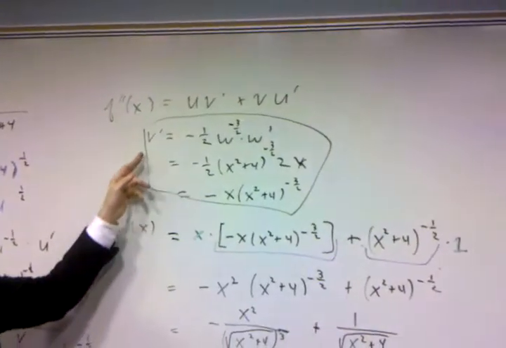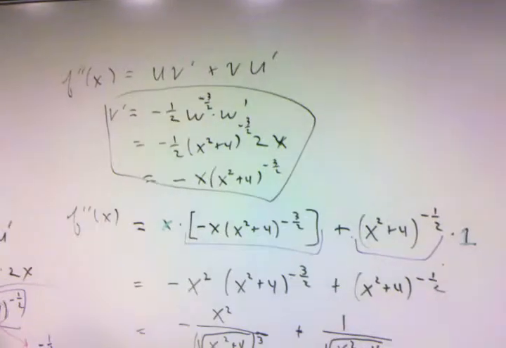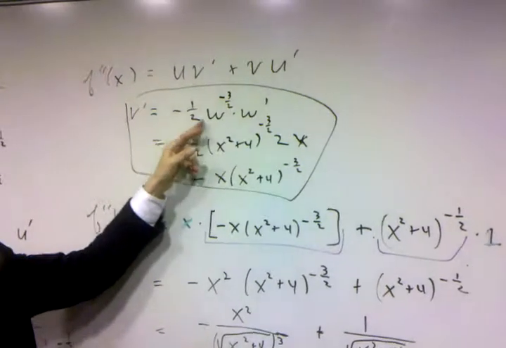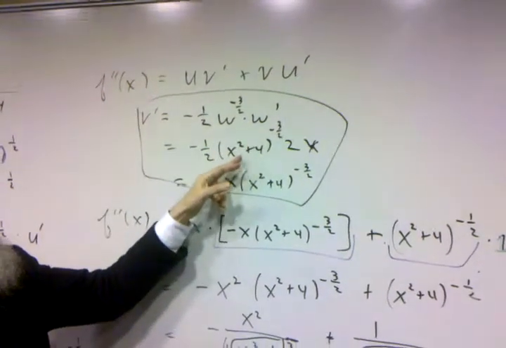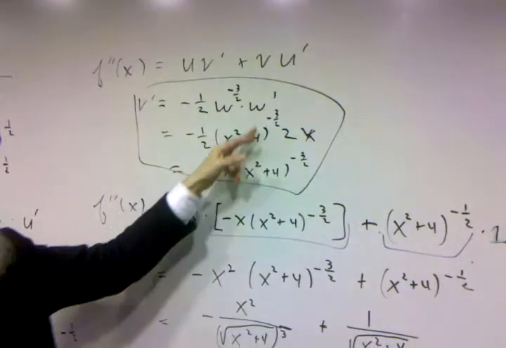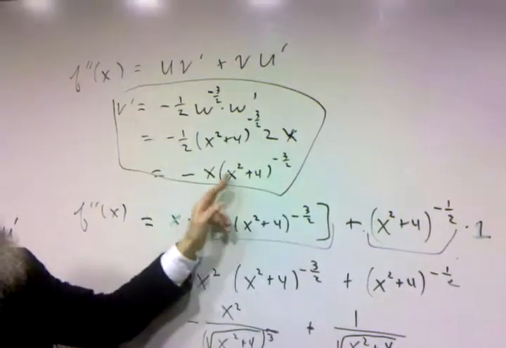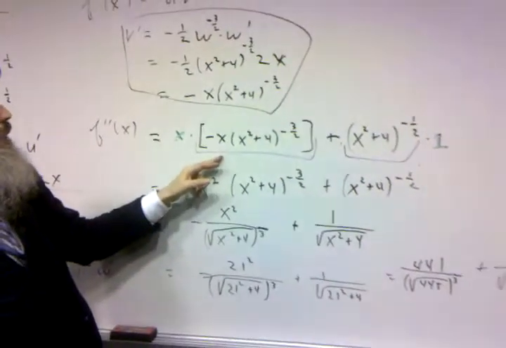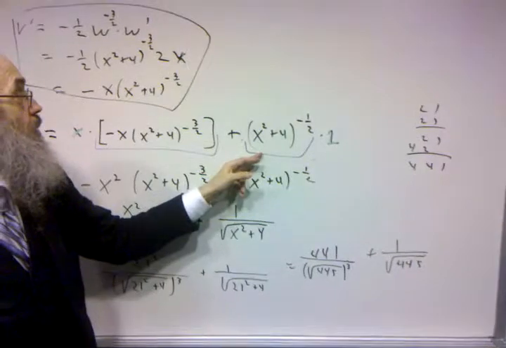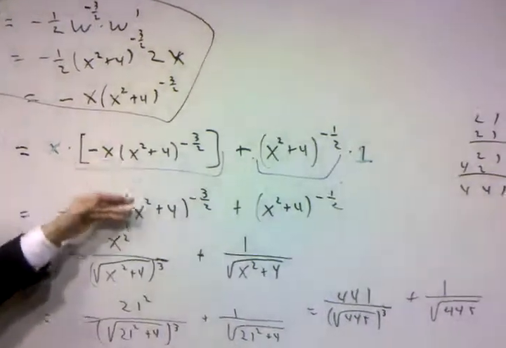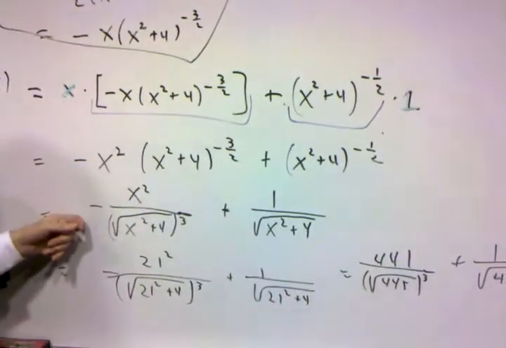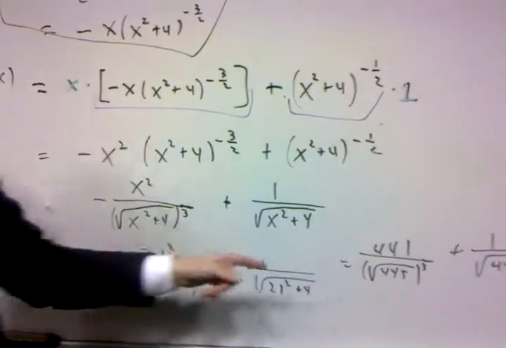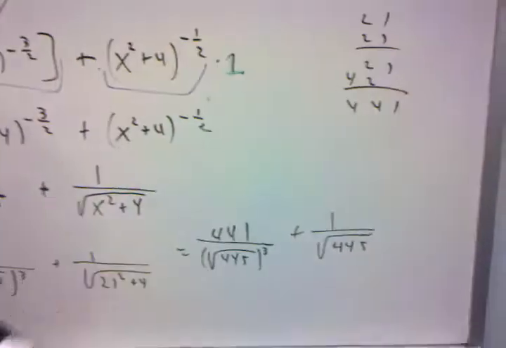To take the derivative of v, if we remember, v was w to the minus 1/2, so it's minus 1/2, w to the minus 3 halves, w prime. This was w, and therefore w prime is 2x. I put it together, this is v prime. I substitute that in right here. U is x, this is v prime. Here I have v, and here I have u prime. Doing algebraic simplification, I finally get down to this expression down here. I change x to 21, and I get this thing which requires additional calculation.